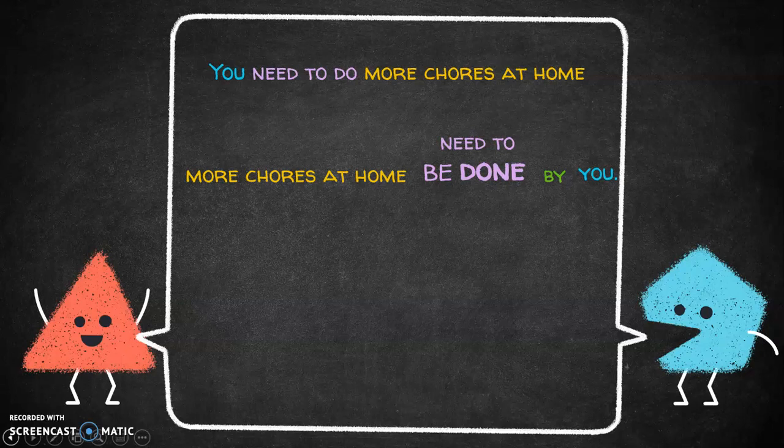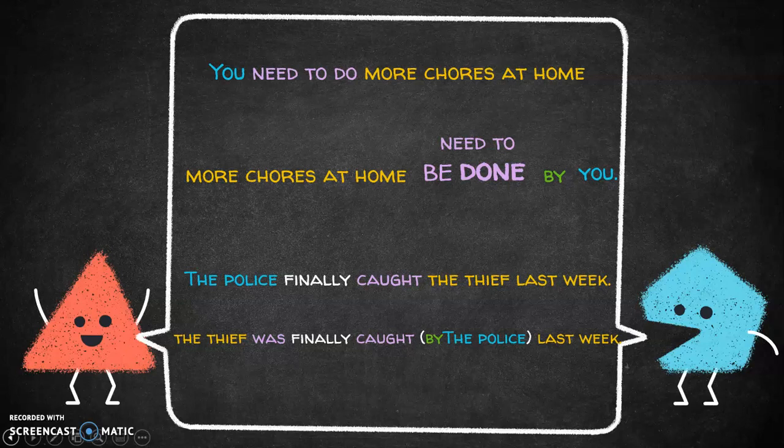That's information that could be taken out from the sentence most of the time without affecting the meaning of the sentence. Another example, the police finally caught the thief last week. In this example, we have the thief as the object, which is going to be the new subject of the sentence.